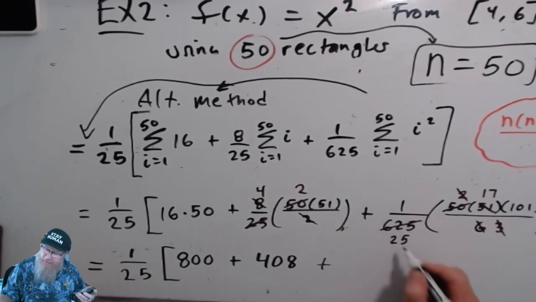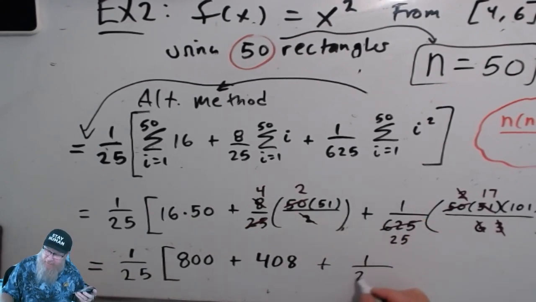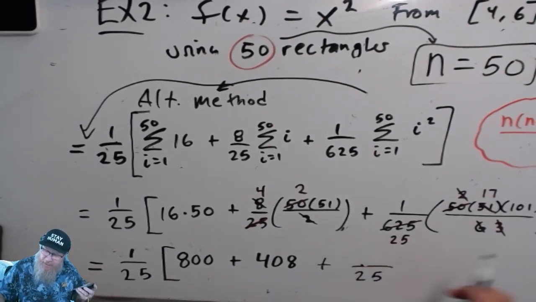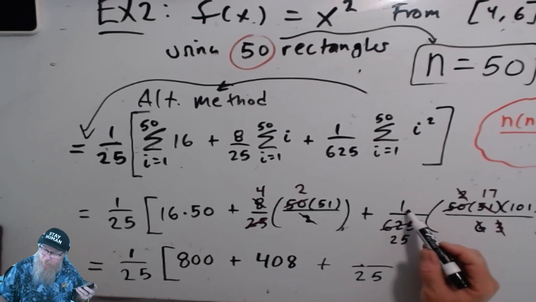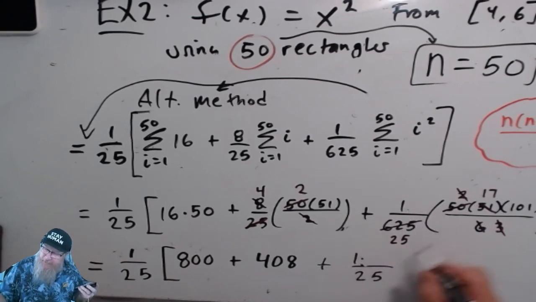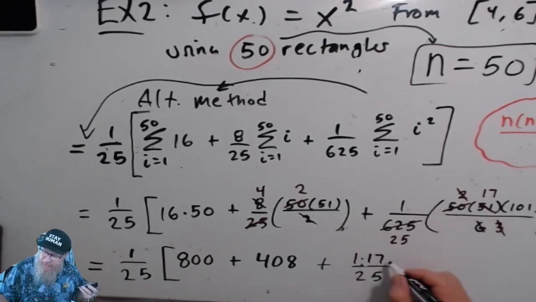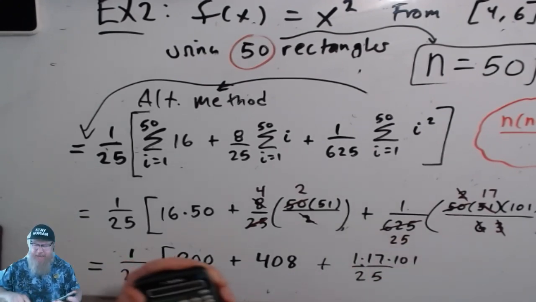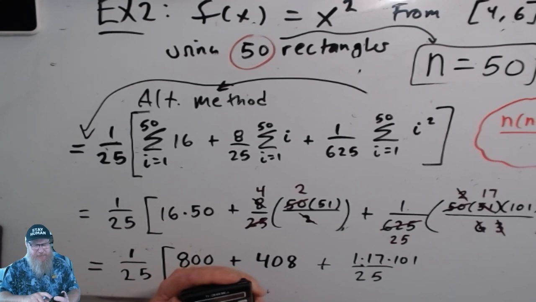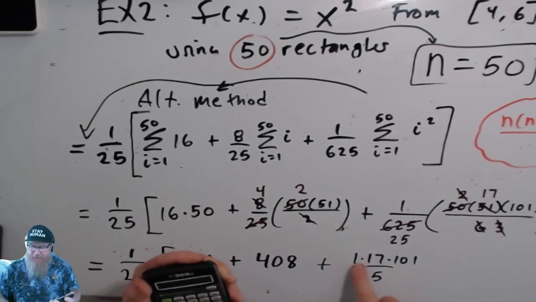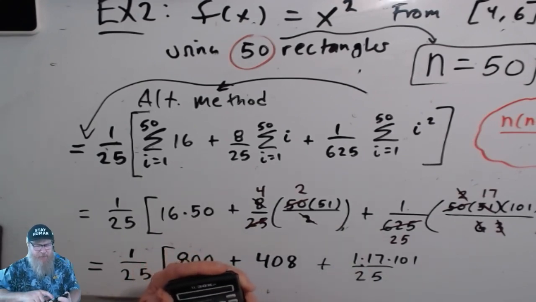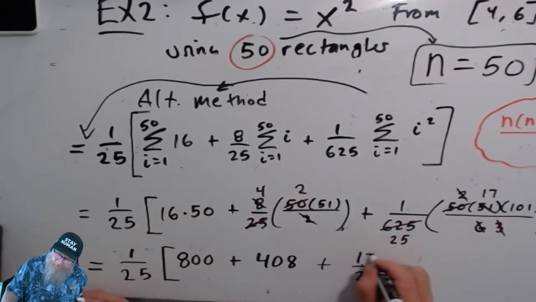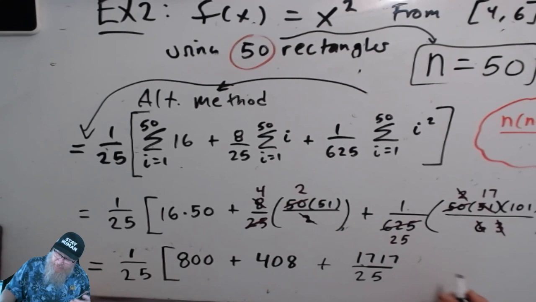This one I couldn't get rid of the denominator of 25, but I did do a pretty good job on the numerator. It's going to be 1 times 17 times 101. I'm going to erase that in a second. Let me just do it on my calculator. 17 times 101 is 1717. That's cool. I should have known that.